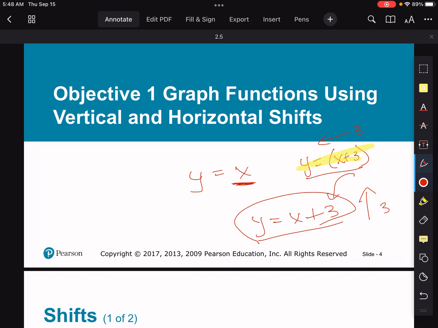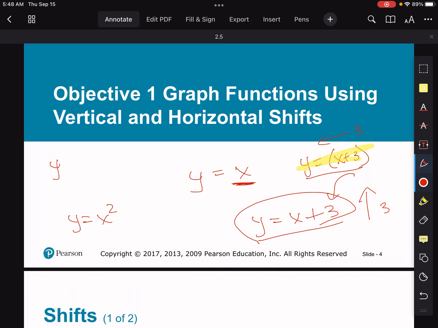But that's within lines. So if we go now to something like the y equals x squared function, and we did something similar, what you would see here is very different. If I put plus 3 on the outside of this, it does two different things.